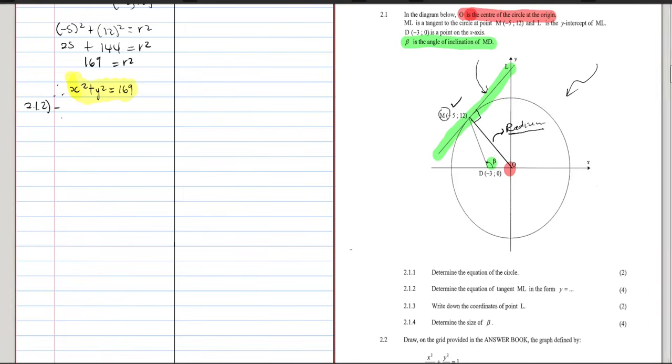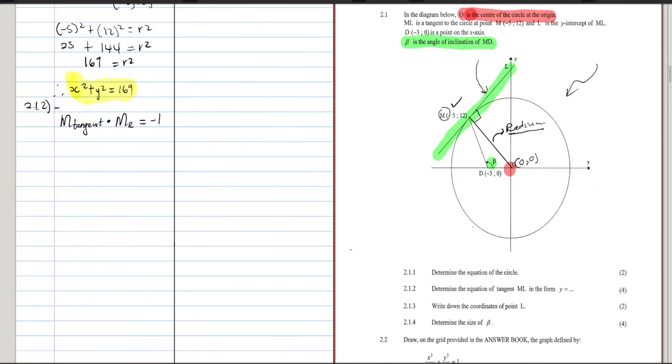So we know that the gradient of the tangent, when multiplied by the gradient of the radius, should give us a -1. So we're going to calculate the gradient of the radius. That's the easy part because I have 2 points that I can use.